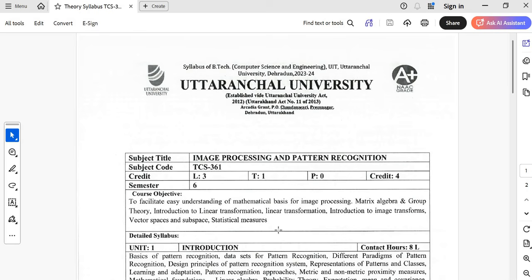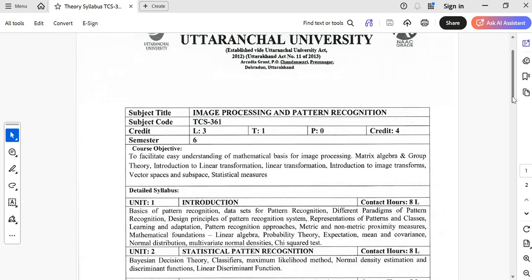So this subject is a combination of pattern recognition, statistical analysis, image processing, feature extraction, machine learning basics, at last mathematical foundation. That is very important.